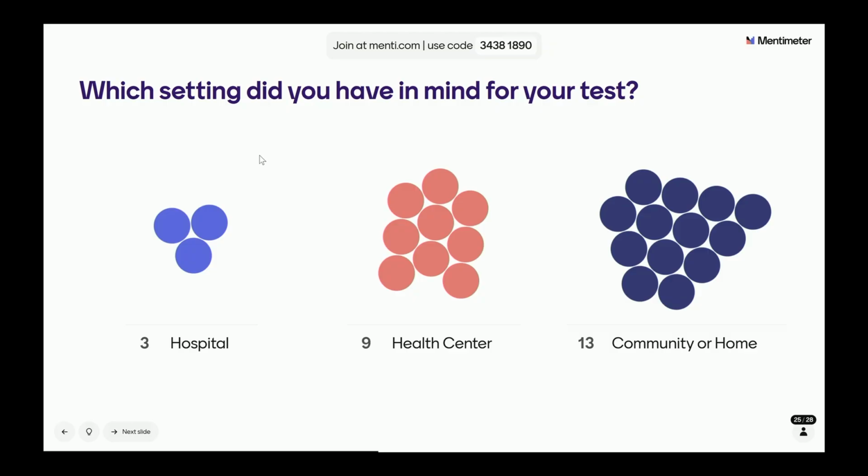The number of dots isn't necessarily commensurate with the order of magnitude of these actual users that you have to reach. The community or home is going to be the most number of people that you'd have to actually somehow figure out how your test makes it to those people. The health center, a couple of hundred in some countries, a couple of dozen in others. And the hospitals, it could be a couple hundred or it could be 2 or 3. So thinking about how you reach each one of these dots is going to be really important.